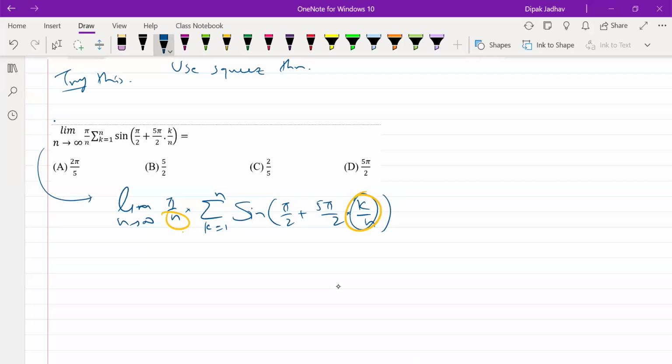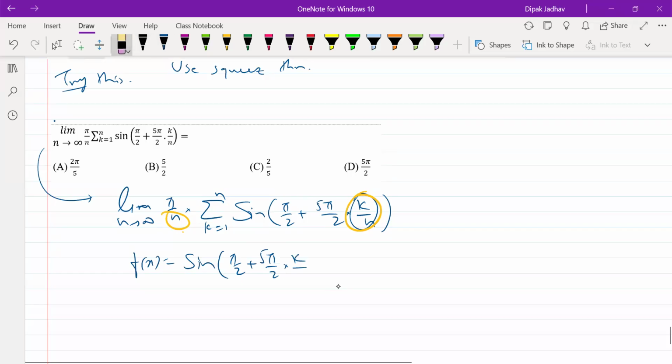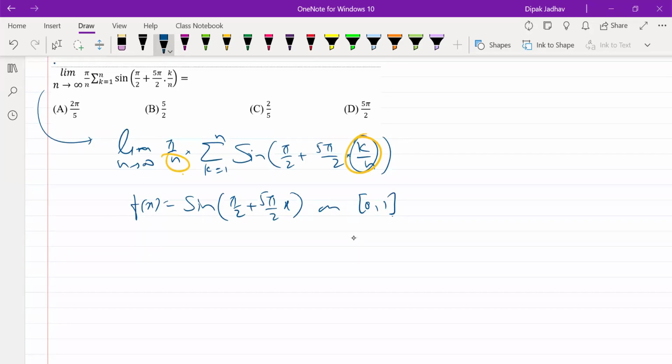It suggests choosing f of x as sine of pi by 2 plus pi by 2 into x on the closed interval 0 comma 1. And then you try writing the Riemann sum.